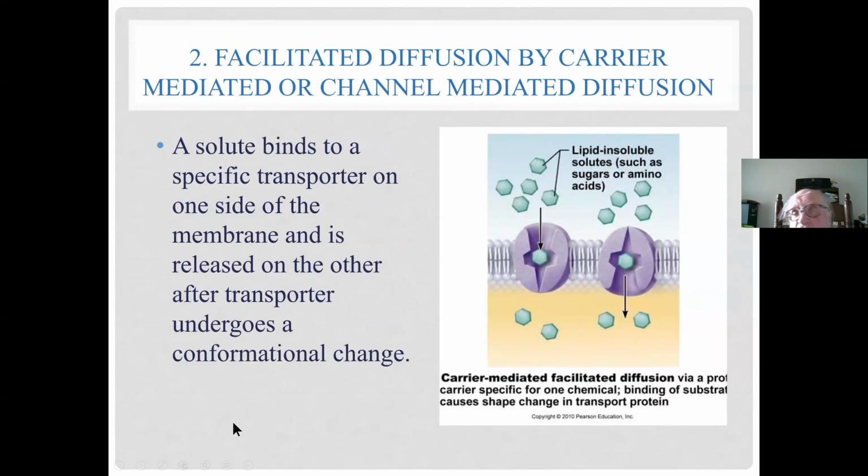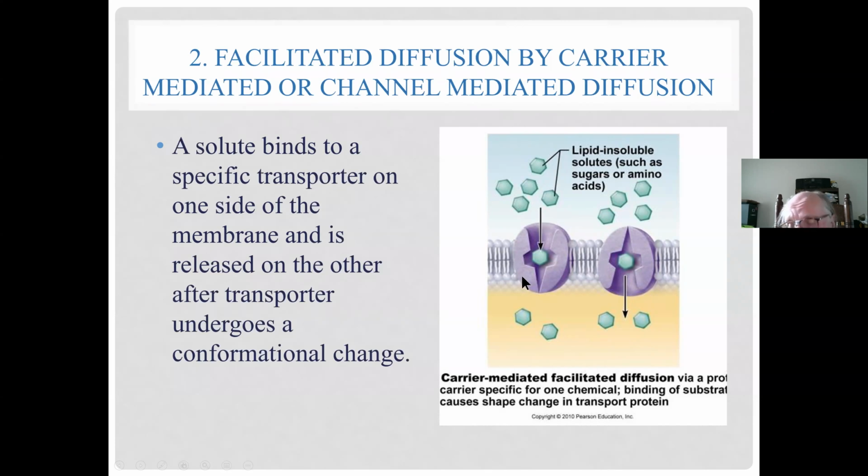Facilitated diffusion, still no energy required. So this is one of those portals that we saw that went all the way through the membrane. Whatever needs to go inside, and so this is a sugar molecule or amino acid. Some sugars can be very long; we talked about glycogen.